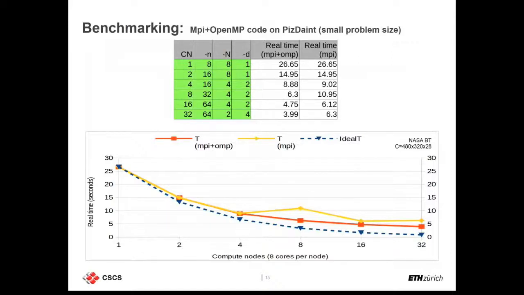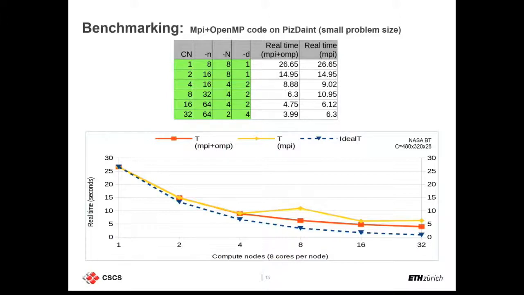So here I took, as an example, my code and compared the timings between 1 and 32 compute nodes. That is between 8 and 256 cores. That's pure MPI or MPI and OpenMP code.